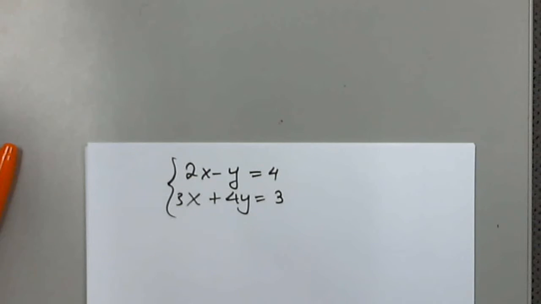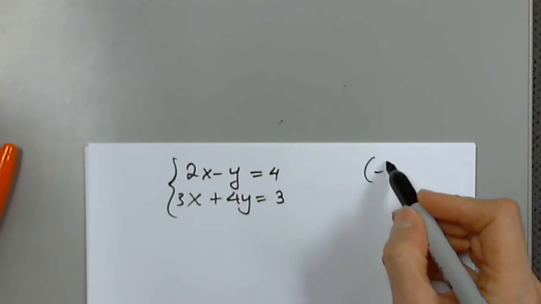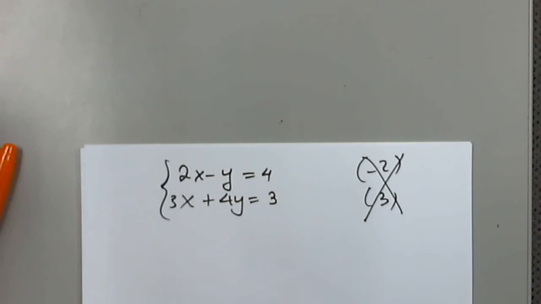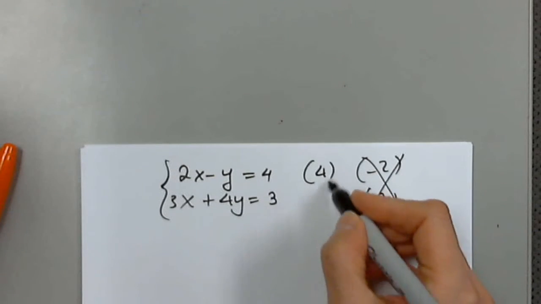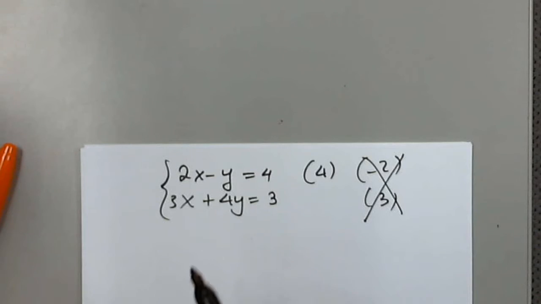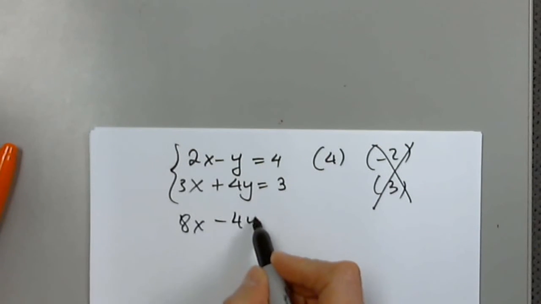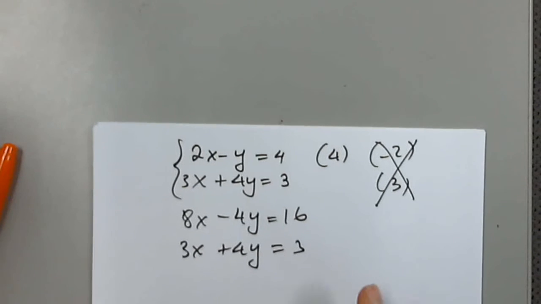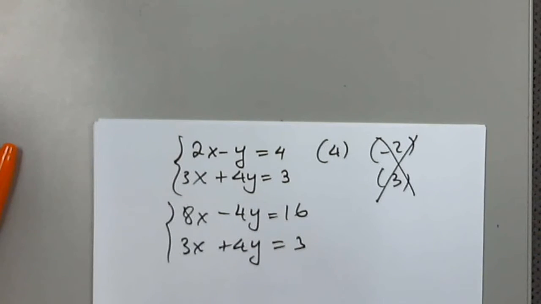Of course, I'm not going to go into 2 and 3 because then I have to multiply this by -2 and this by 3. I don't want to do that. I want to choose the easiest route. So I will multiply this by 4. Then the next step is 8x minus 4y equals 16 and x plus 4y equals 3. That's the next step.